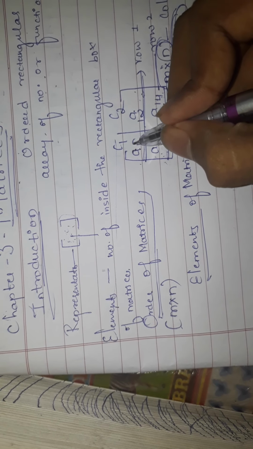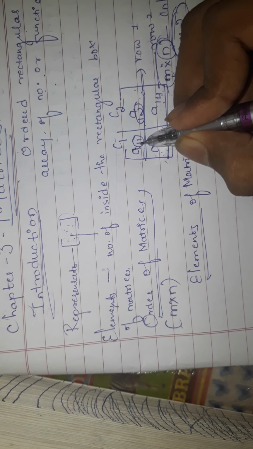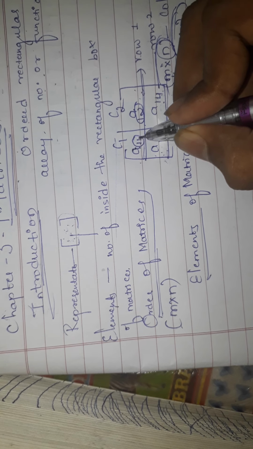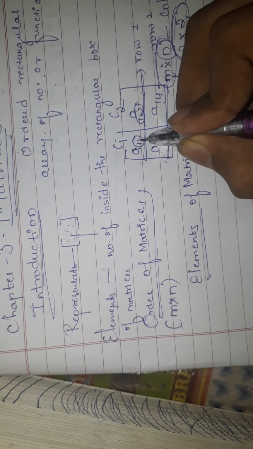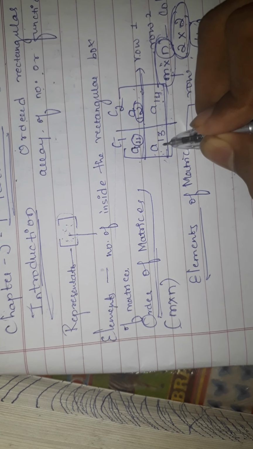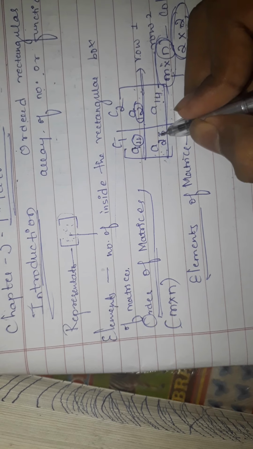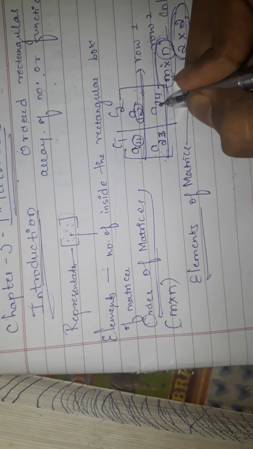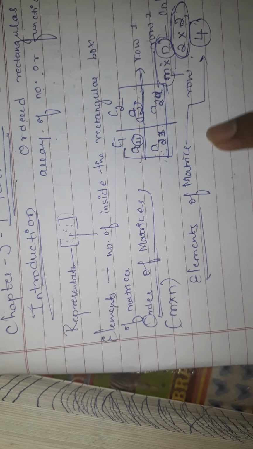And what does a11, a12 mean? It is row and column, as we told m into n. A11 means first row first column, a12 first row second column. Here, it is second row first column and second row second column. Is this clear to you? So the number of elements of this matrix is 4.